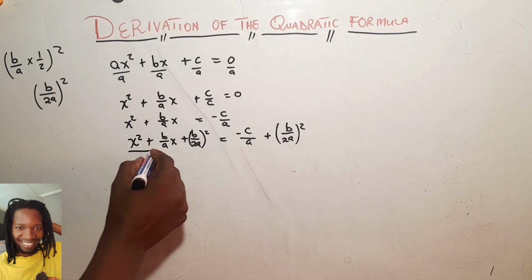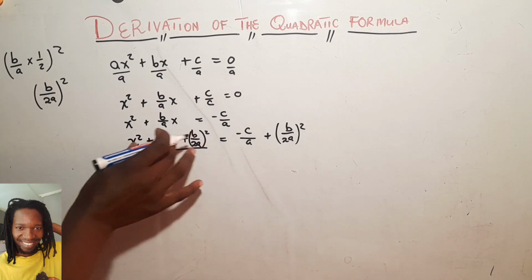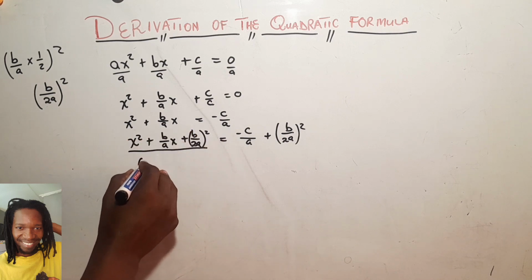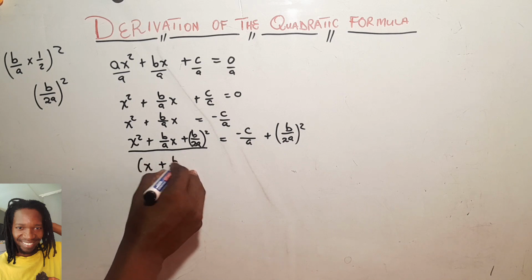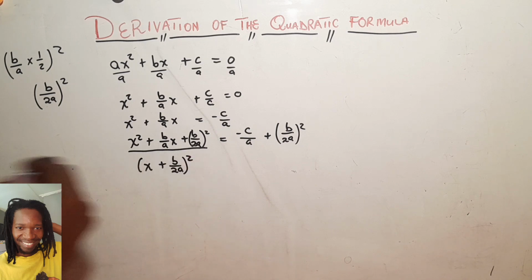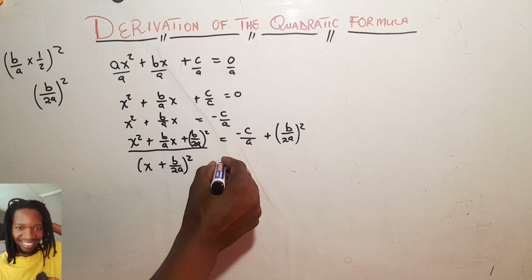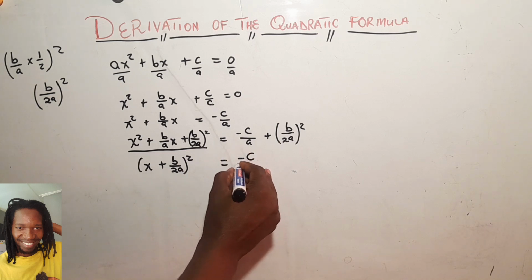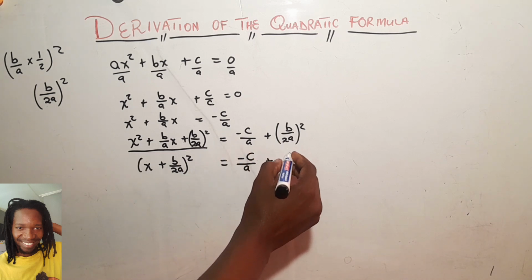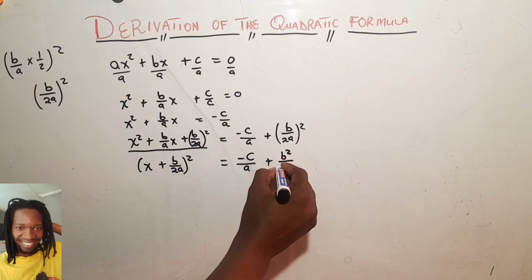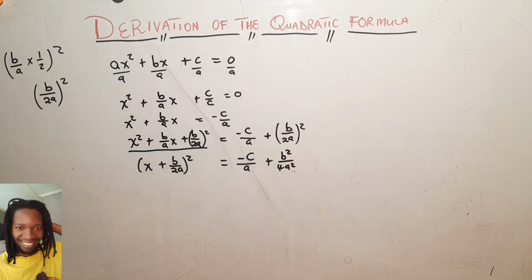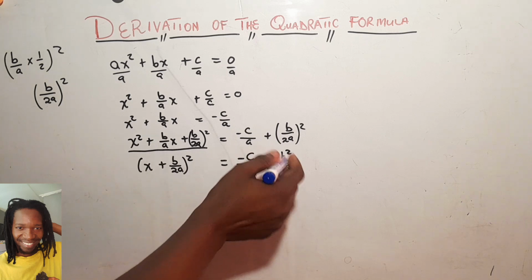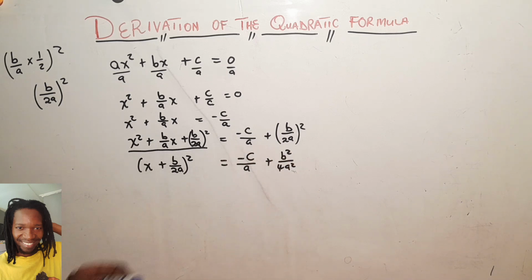So now all these expressions can be simplified into x plus b over 2a squared. Now that other side, we are going to have negative c over a plus b squared over 4a squared. The next thing that we can do, we can simplify this side by adding these fractions.